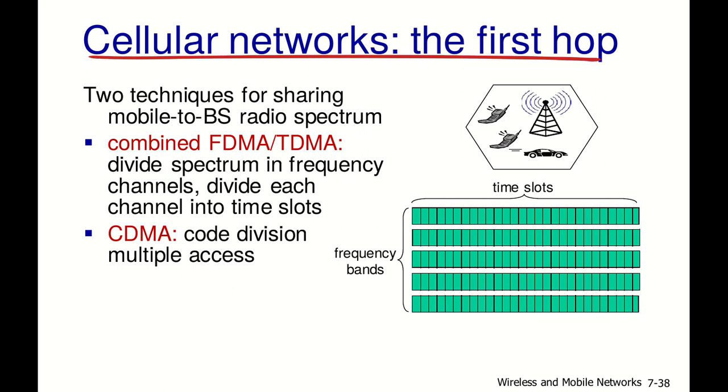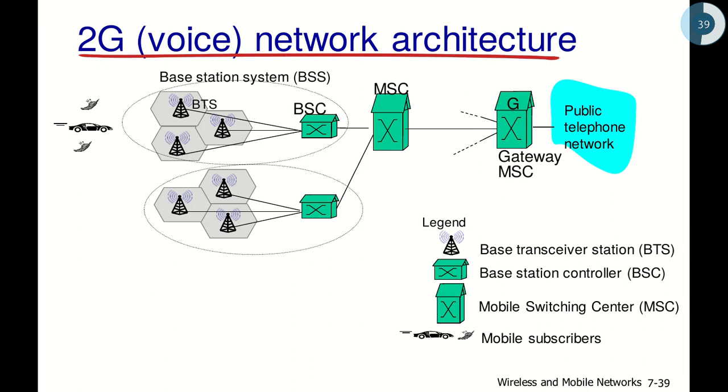So the receiver can only decode or recover the data if the unique code is matched. So that's the basic idea, but the technical details of CDMA are a bit more complicated than FDMA and TDMA.